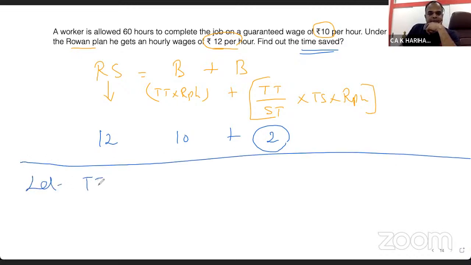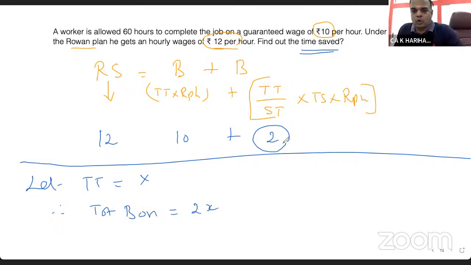Let time taken is equal to x. Therefore, total bonus is equal to 2x, because 2 rupees per hour bonus into x is equal to 2x. The 2x is equal to time taken x divided by standard time 60, into time saved.